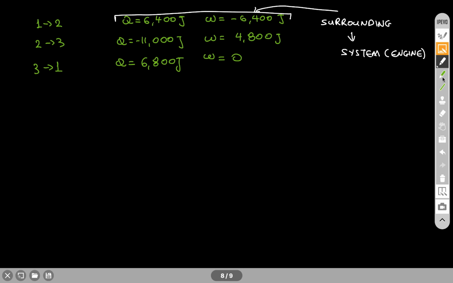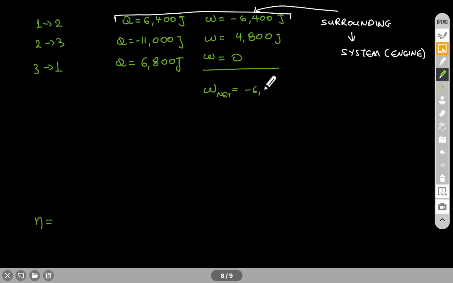I want to remind you though, efficiency is defined as what we got over what we paid for. What do we get from the engine? We get the useful work that the engine did for us. The work that the engine did is the opposite of the work that the surroundings did on the system. Let me do a calculation. I'm going to find the net work, the total work that the surroundings did on the system.